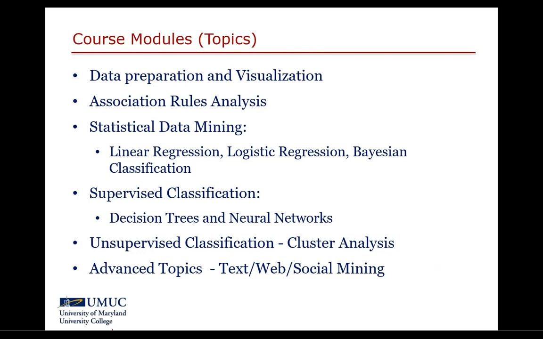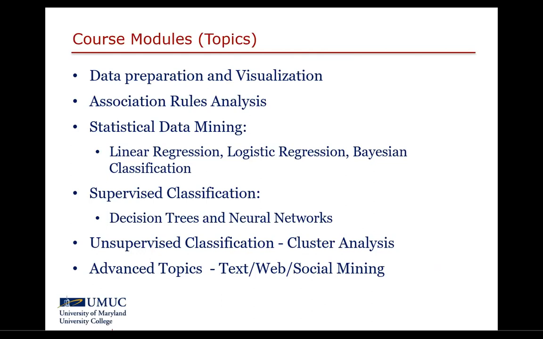Then we move on to module 2, which is association mining. This is a type of learning algorithm that is unsupervised. It is a 1-week module, the only module that is only 1 week.